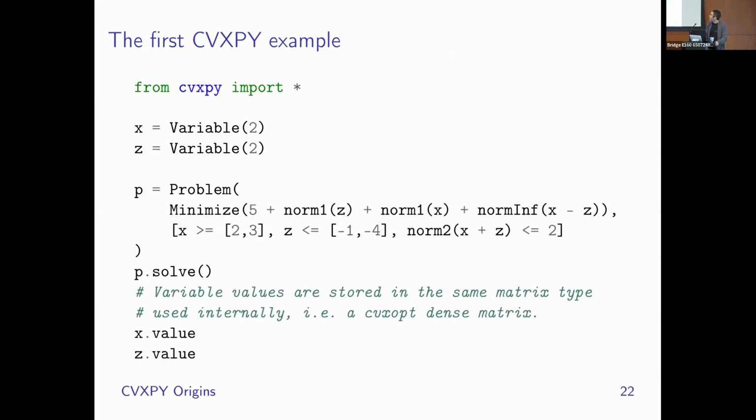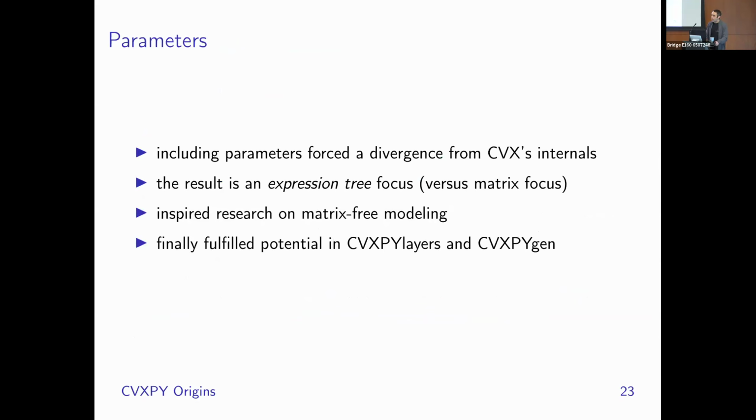This is the very first CVXPY example ever, and it has not changed too much from the user's perspective. It still looks more or less like this, which I think is nice. It's changed a lot on the inside, many refactors, but the core idea of the interface is the same.